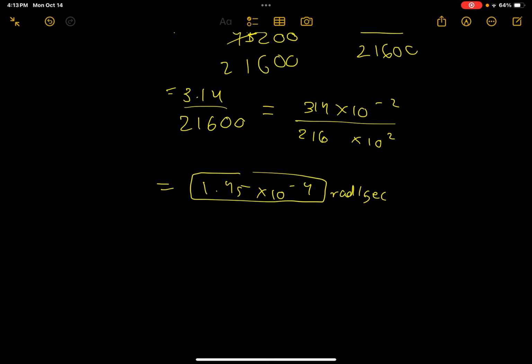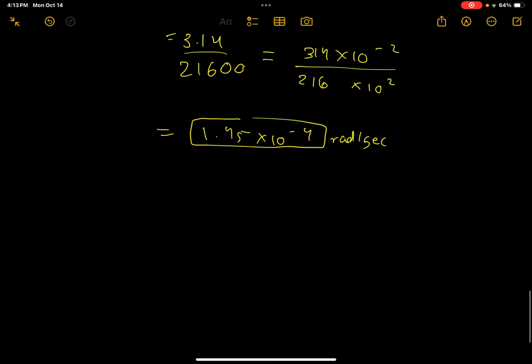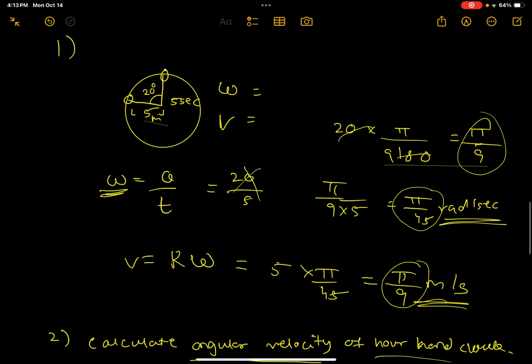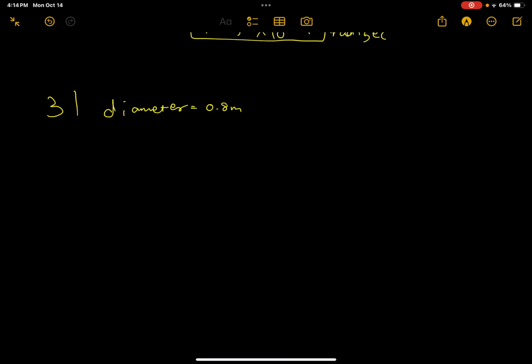So now we have another question. An object revolves uniformly in a circle of diameter 0.8 meters, and it completes 100 revolutions in 1 minute.